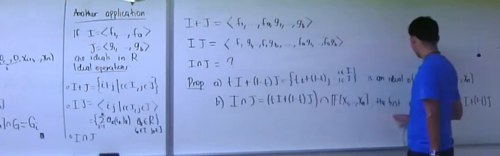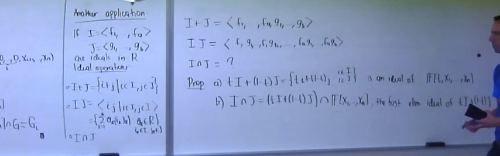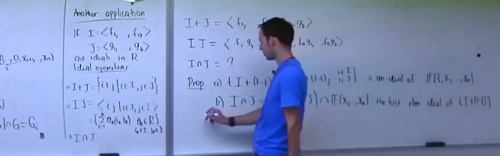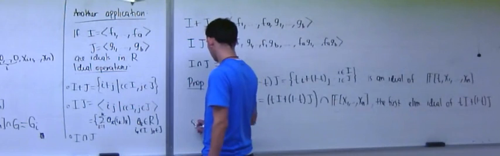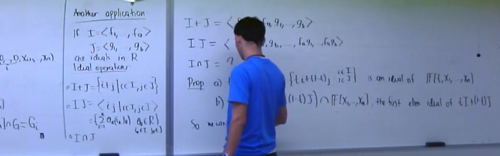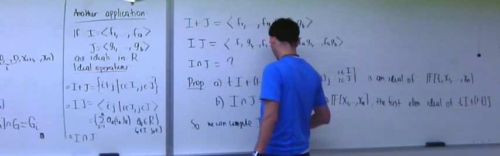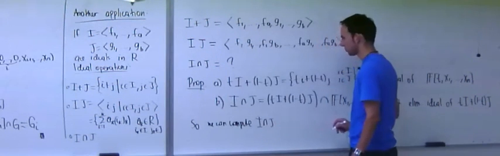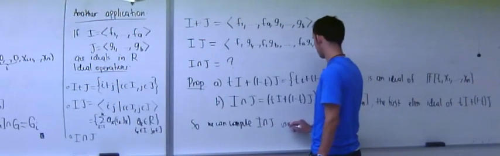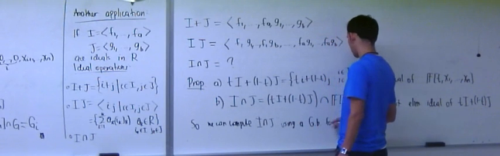And when you've done that, what you have is the intersection that you want. So, conclusion: we can compute I intersect J using a Gröbner basis for this guy.